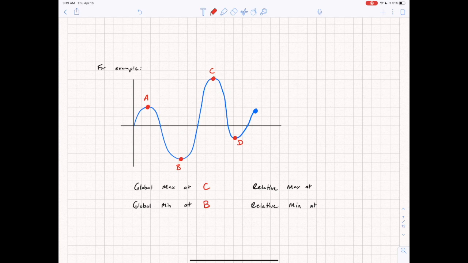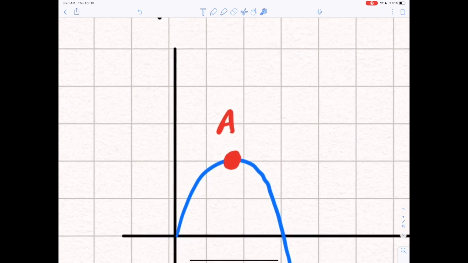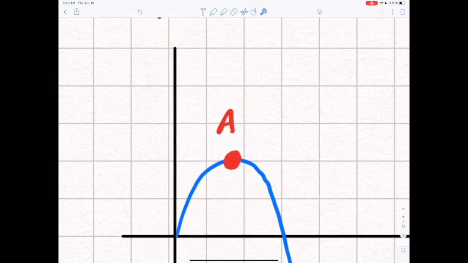This means if you focus on one portion of the graph, what would a highest point be? One answer for relative max would be the point at A, because if I zoom in just here at A and disregard everywhere else on this graph, notice how this would be a maximum at this point.